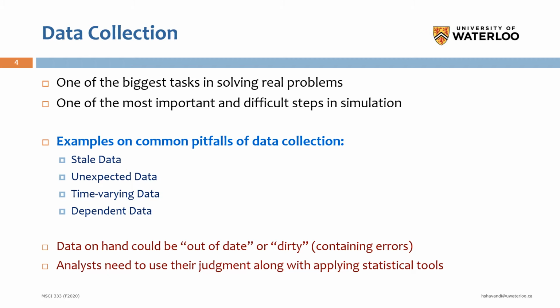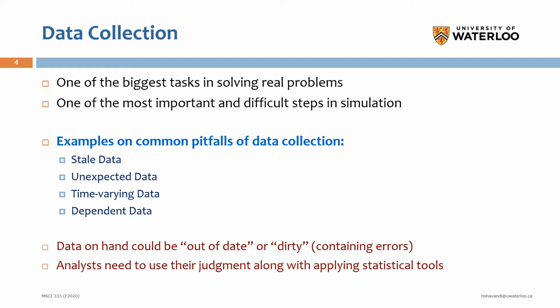Because if we make a mistake, if we have an error in estimating the parameters or fitting a distribution, then the results obtained by that simulation model couldn't be trusted, right? These are the examples of common pitfalls of data collection: stale data, unexpected data, time-varying data, and dependent data. I will have an example for each of these common pitfalls in the next slides.